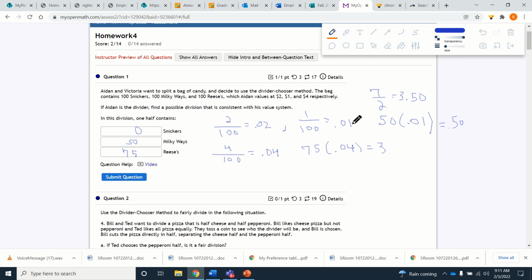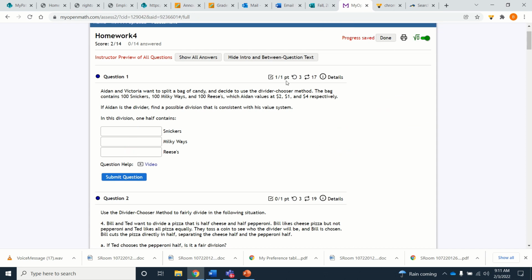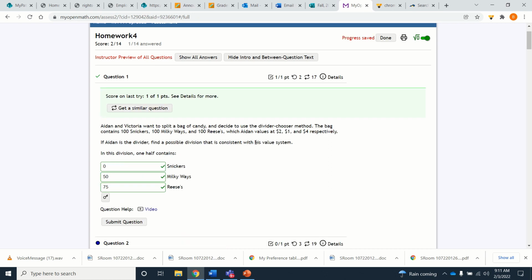Let me just exit this, and then I'll enter 0 Snickers, 50 Milky Ways, and 75 Reese's. And there, as I said, there's multiple ways to do it.